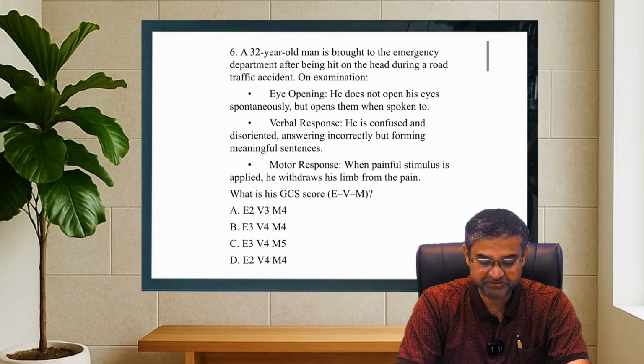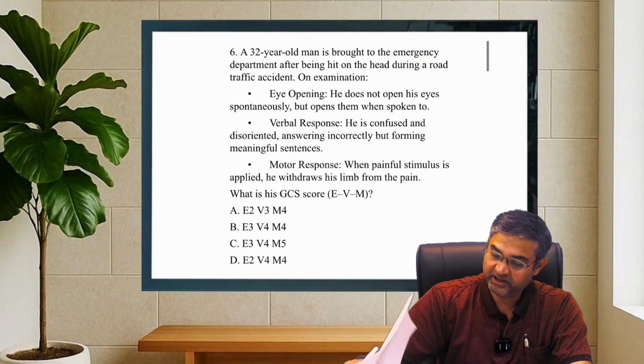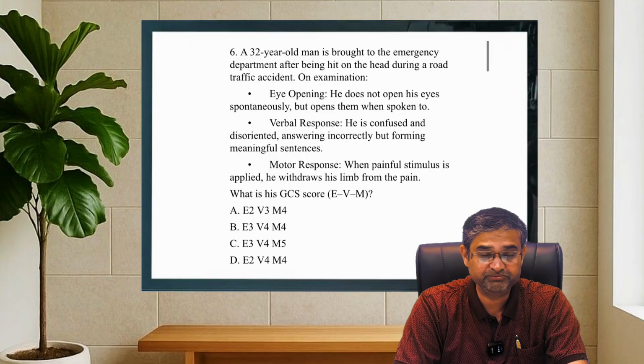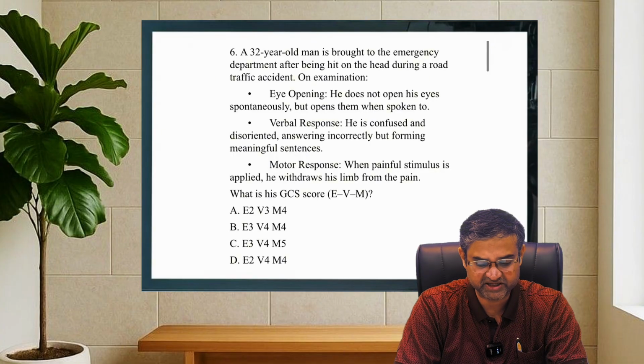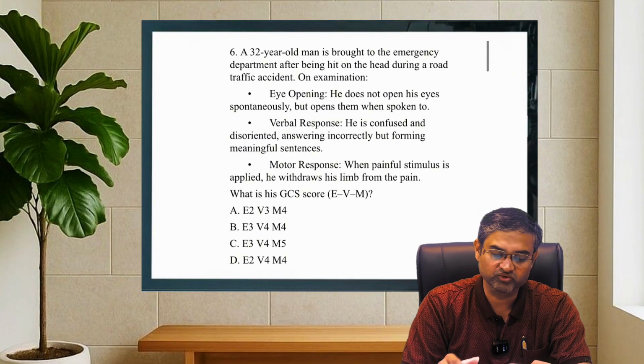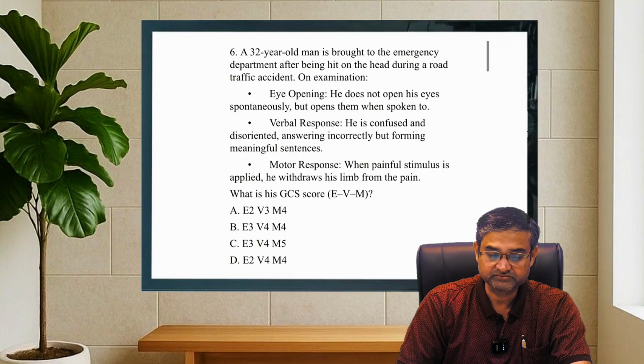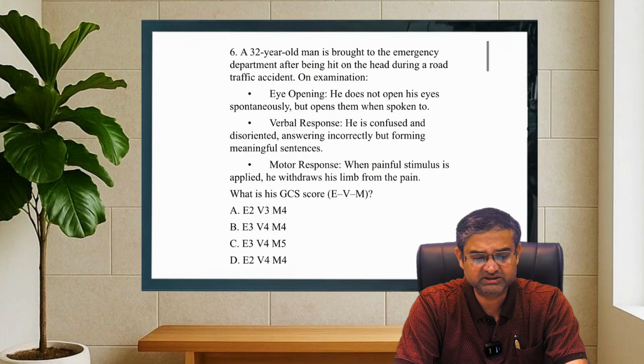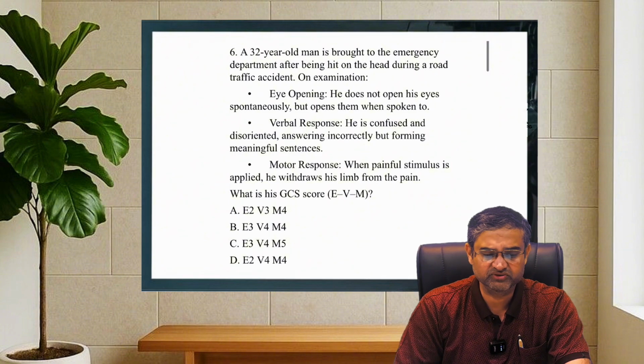Motor response, M6 is obeys command, M5 is localizes pain, M4 is withdraws from pain, M3 is on giving pain, patient flexes the limb or decorticate, M2 is extend, that is decerebrate, and M1 is no movement. So you have to learn this GCS score very hard.